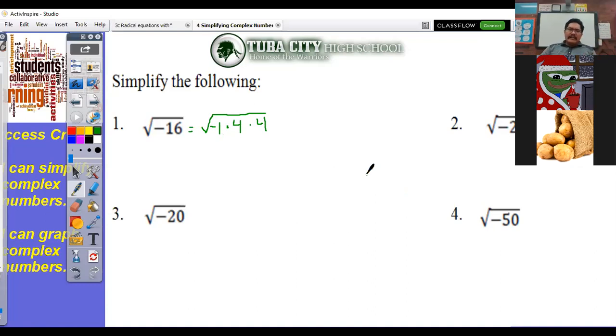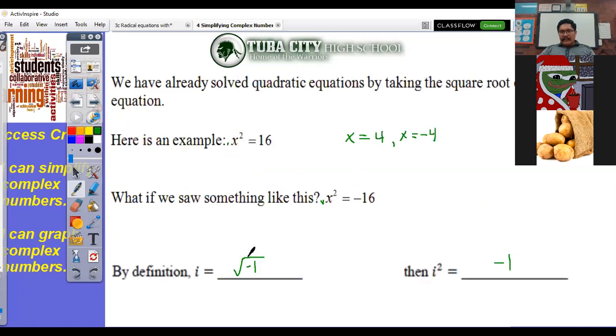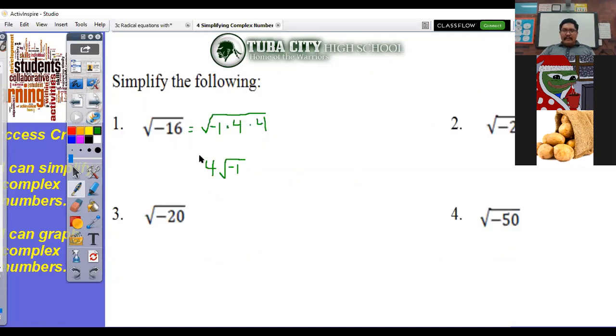So what's going to happen is we can take out a pair, because again, remember the index is 2 on a square root. So if I have 2 of these, they come out as 1. But I also have a little bit of a problem, and that is I have this square root of -1. But we can simplify that also, because remember, square root of -1 is equal to i.